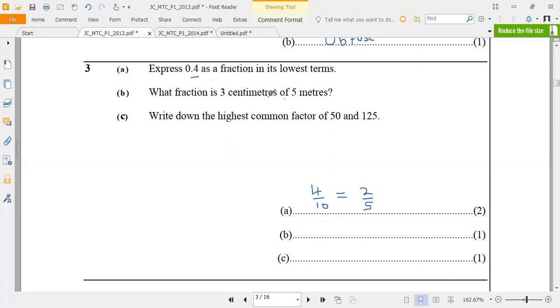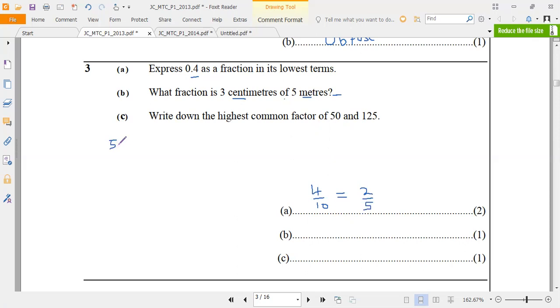Part B, what fraction is 3 centimeters of 5 meters? Before you do this, make sure that all the quantities are in the same units, and it is advisable that we use the smaller unit, since we have a centimeter and a meter. So the smaller unit in this case is the centimeter, and we change the meters to centimeters.